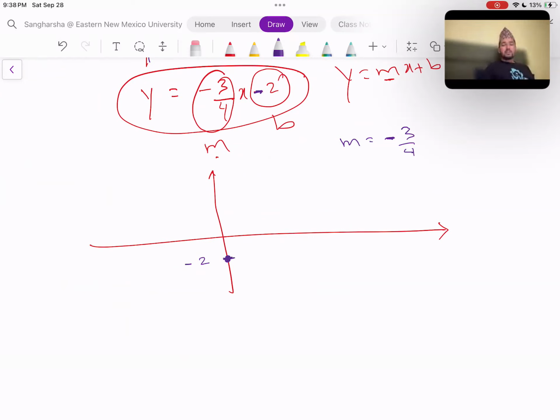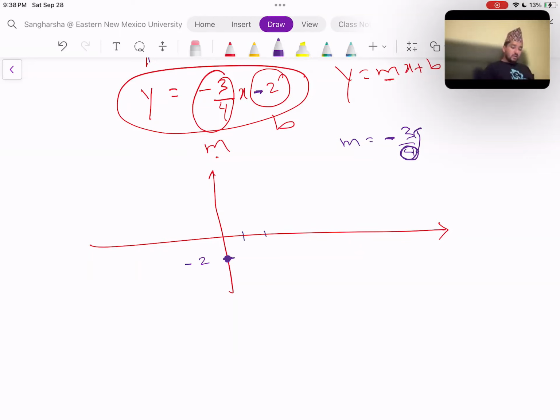Is the line rising or falling? If the slope of a line is negative, yes, the line is falling. Now how does it fall? As you go 4 units right from this point, you fall 3 units down. So let's go 4 units right.